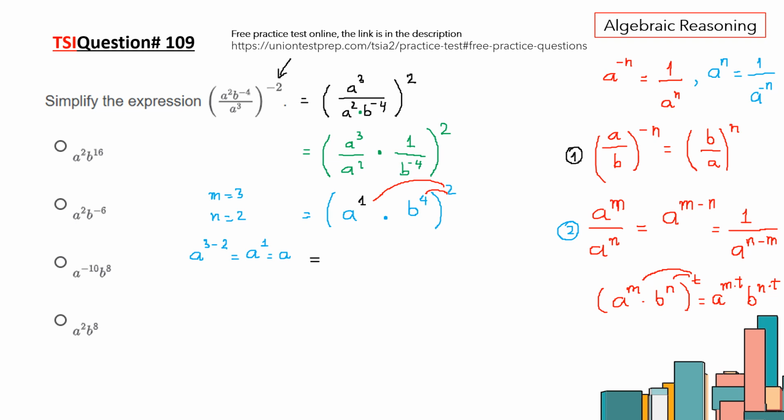We have a to the power of 2 times 1, which is 2, multiplied by b to the power of 2 times 4, which is 8. So our correct answer is a squared times b to the power of 8, and D is the correct answer.